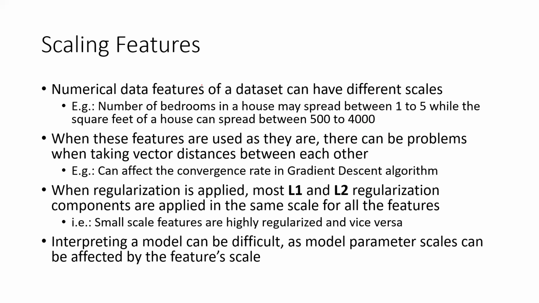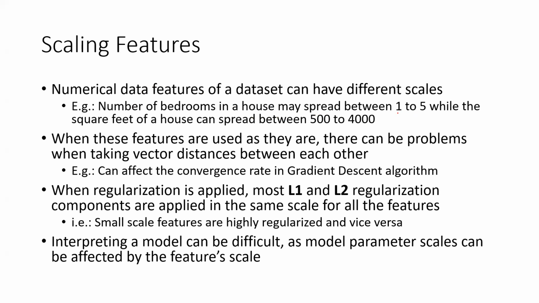For example, suppose that we are again going to predict the price of a house using some of the features of this house, right? One of the features of a house is the number of bedrooms.